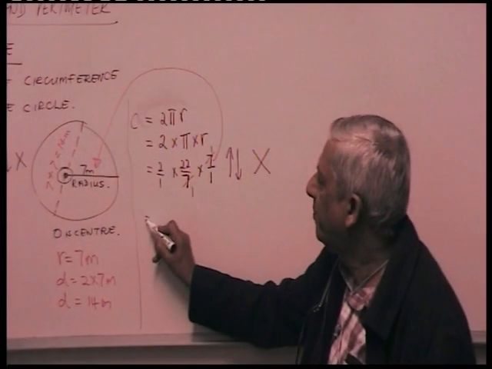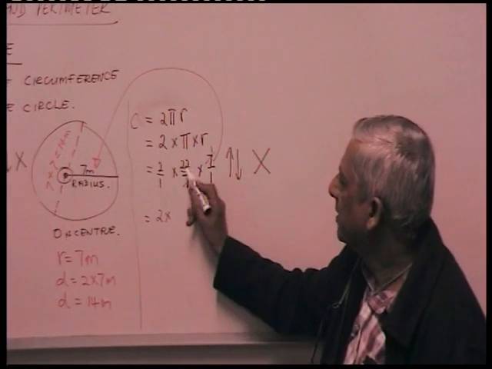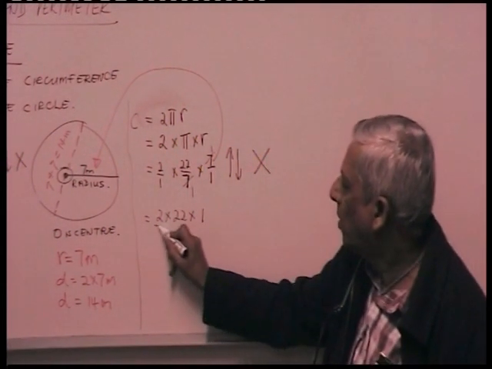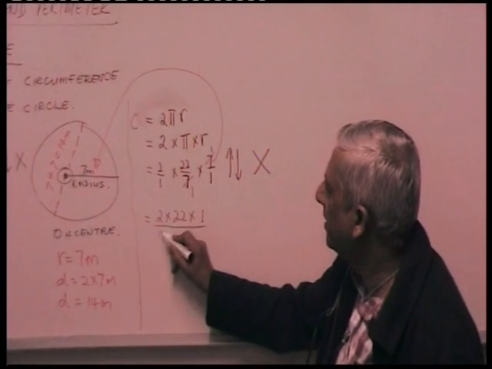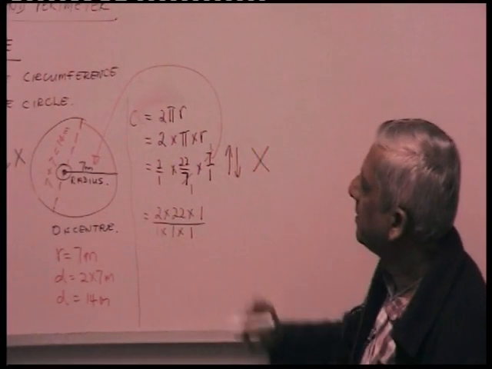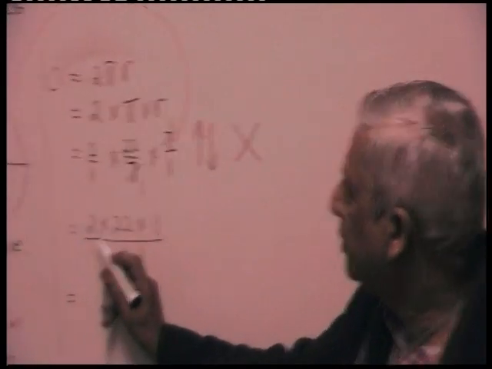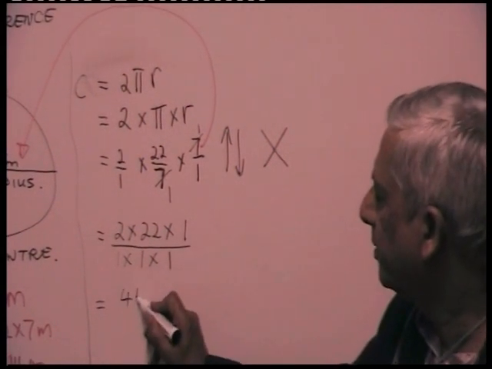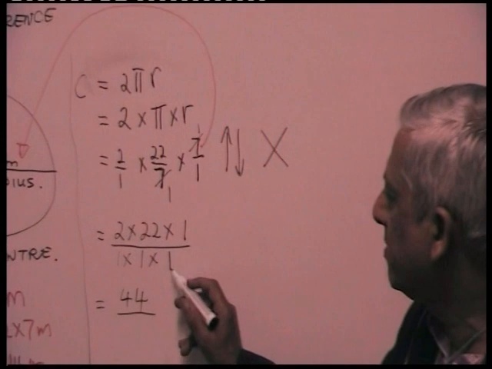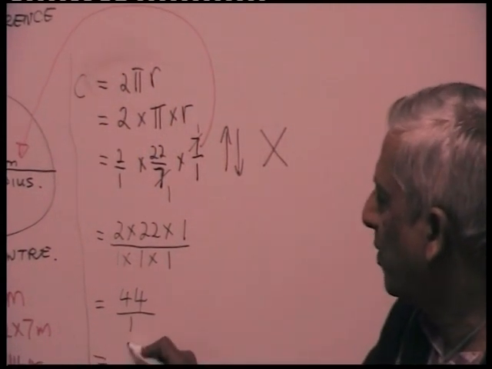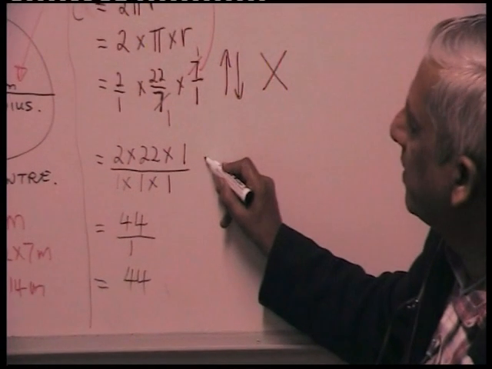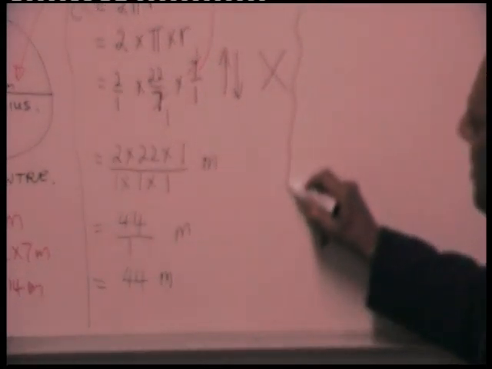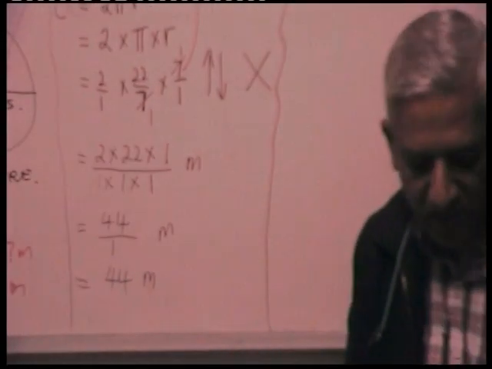Now what's left on the top? 2 times 22 times 1 over 1 times 1 times 1. 2 times 22 is 44, 44 times 1 is 44, and 1 times 1 times 1 is 1. 44 over 1 is 44. Of course we were working in meters, so I will write meters. So you could have found the circumference using a different formula.